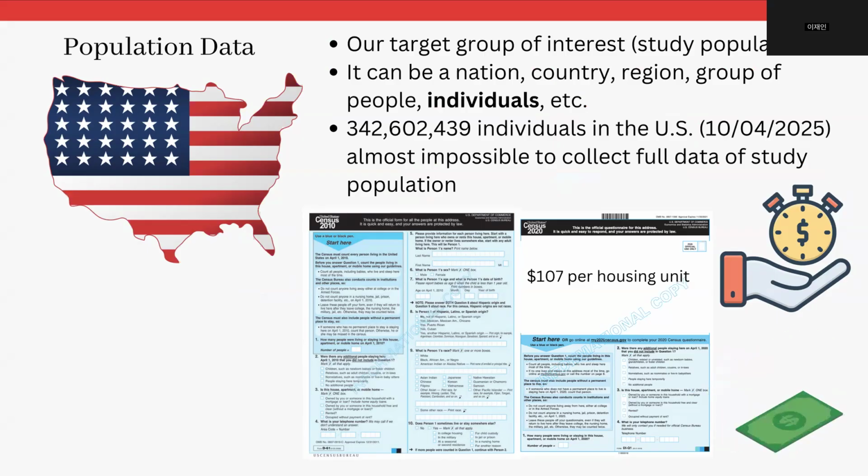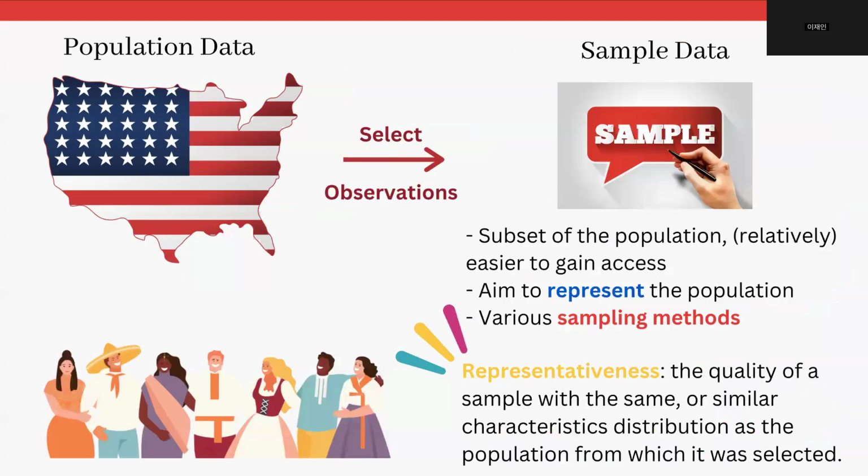But usually there are 342 million people in the United States, for example, and usually it costs $107 per housing unit. I don't know how many households there are in the United States, but it's very, very expensive. That's why we are having sample data instead of population data.